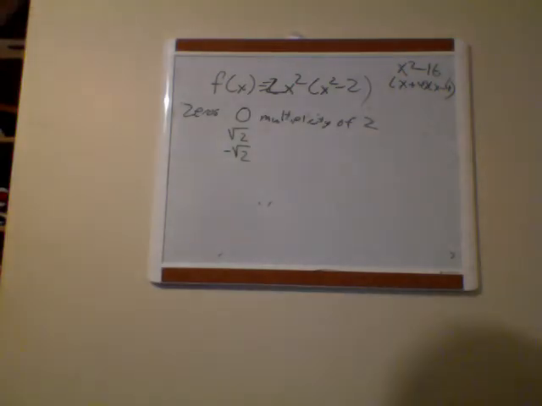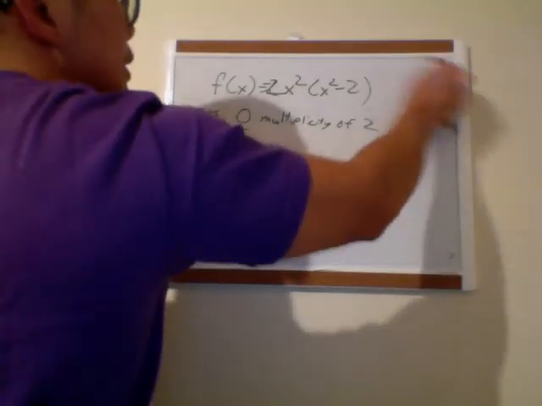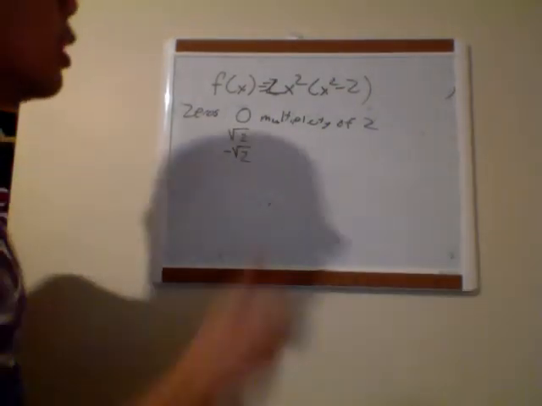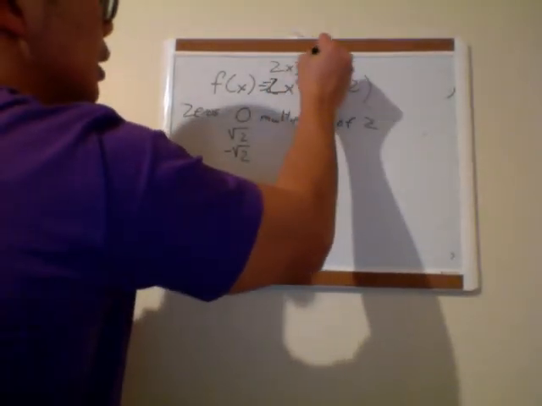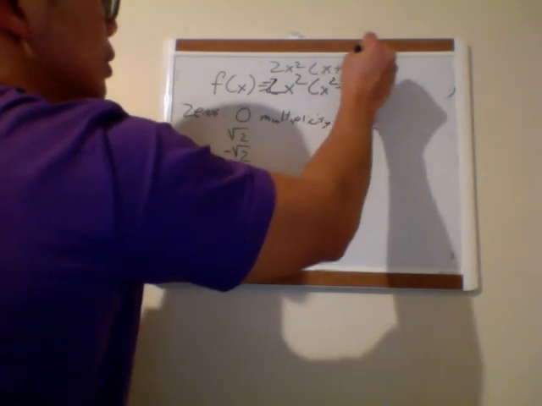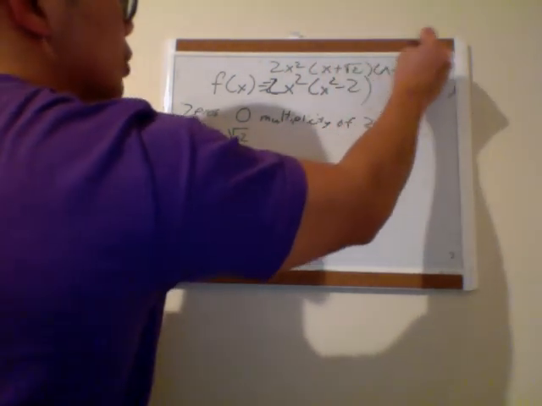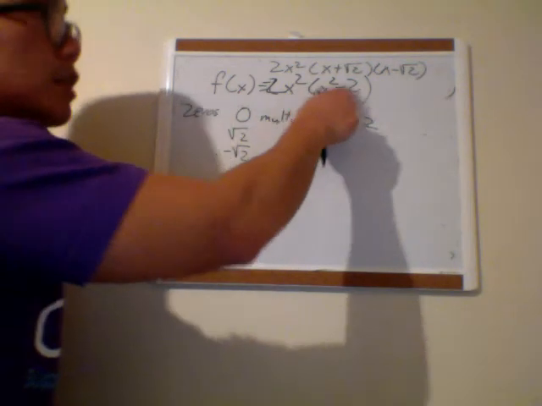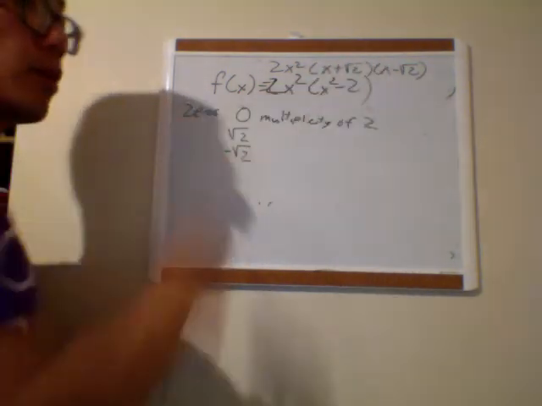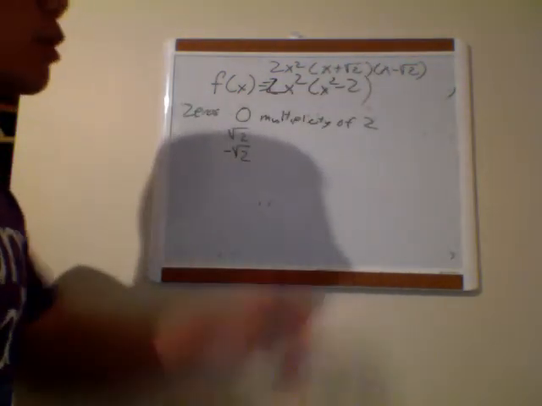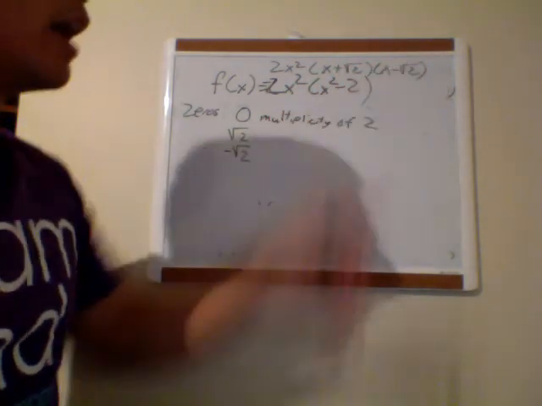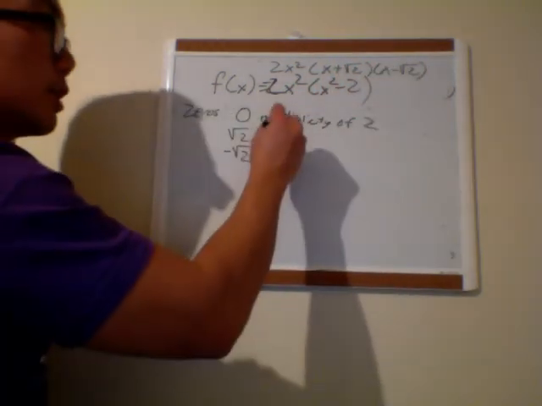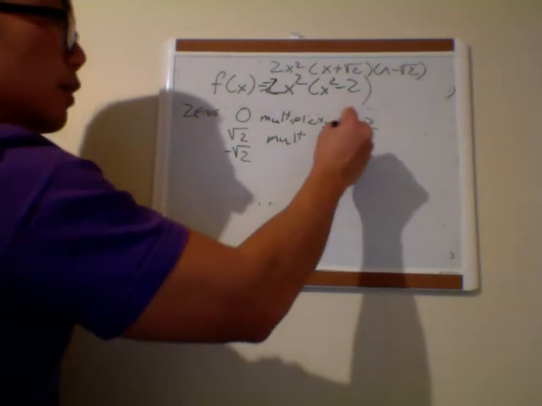So what I'm actually going to do here is break this up into 2x squared, x plus root 2, x minus root 2. It's just a variation of the difference of squares where I just take the root of 2. And so you see my zeros of negative root 2 has a multiplicity of 1, and positive root 2 has a multiplicity of 1.